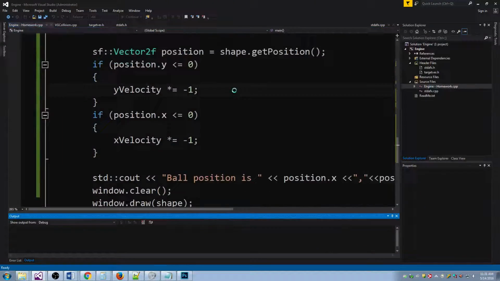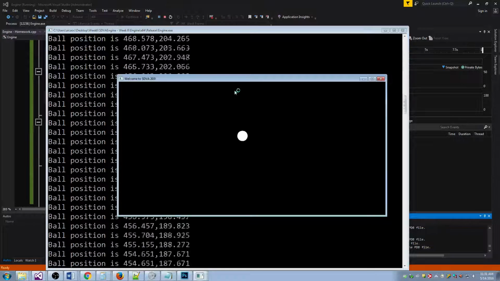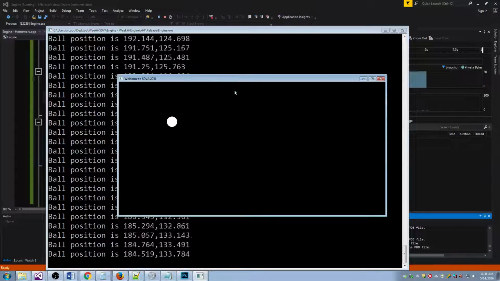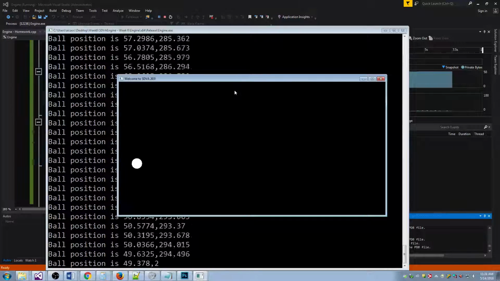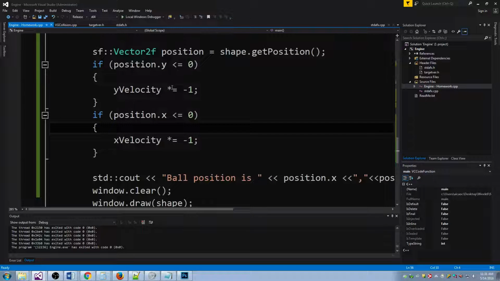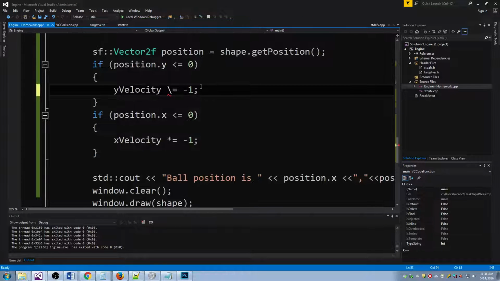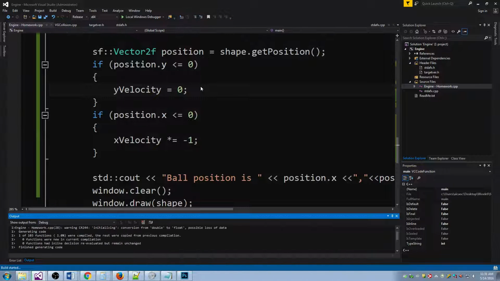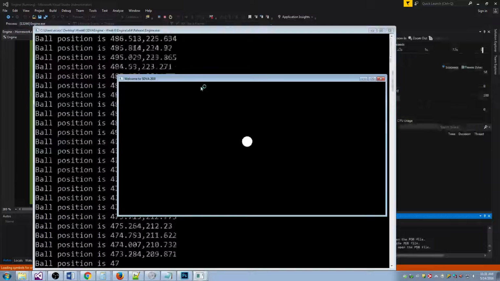Watch. Let me draw this out. I'm actually going to freeze it right here. I'm going to stop the ball from moving when it goes off the top edge of the screen. So watch this ball.